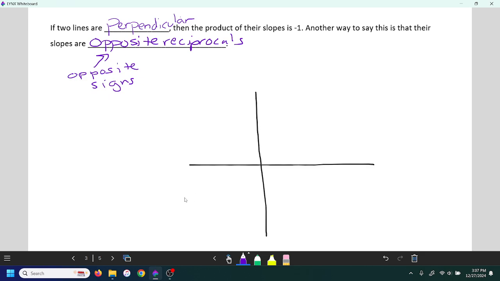And so what happens then is, here's an example of a line with a positive slope because it's increasing from left to right. And then I'm going to draw a line with negative slope, so it's going to be decreasing from left to right. And if those slopes are opposite reciprocals, then these two lines are perpendicular. In other words, they meet at a right angle.